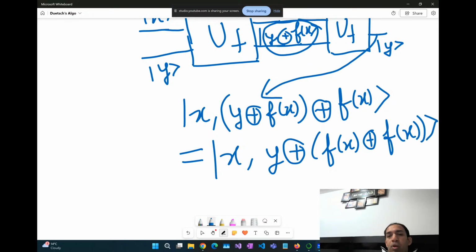As we all remember, whenever the inputs are the same on the XOR gate, we get the output as 0.